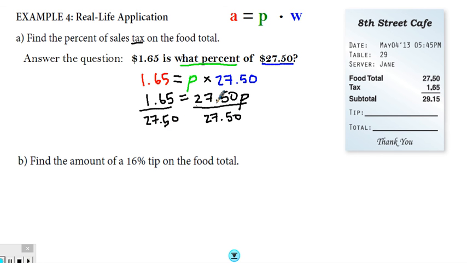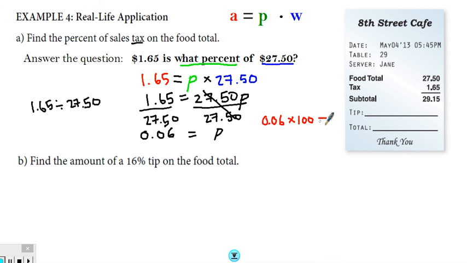And then we're going to cancel 27.50 because you're dividing by the same number. And p is going to be, if you do 1.65 divided by 27.50 in the calculator, you're going to get 0.06. And again, we have to change it to a percent by multiplying by 100.